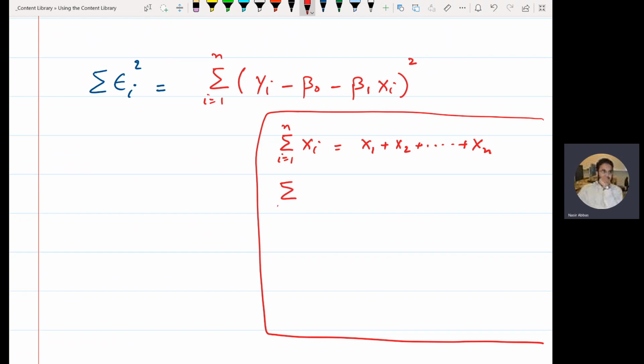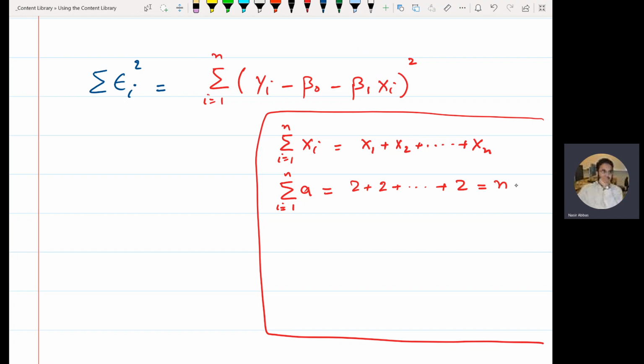What is summation of 2? It's basically 2 plus 2 plus all the way up to n times 2. What if I replace this 2 by any general constant a?